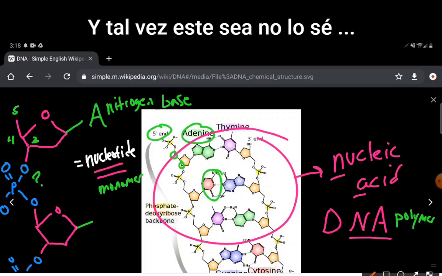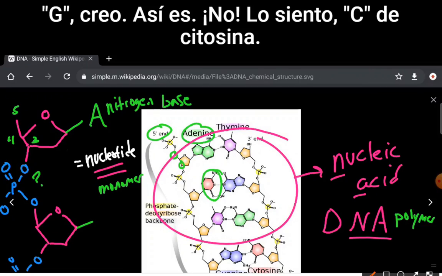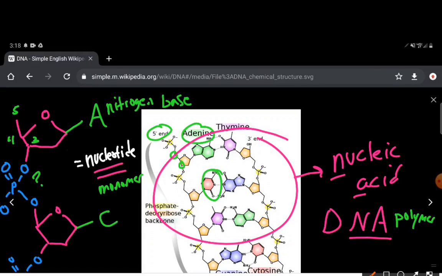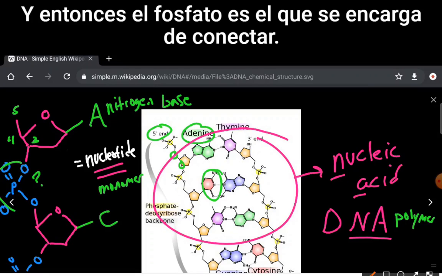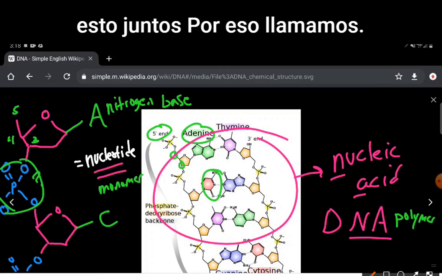And maybe this one is, I don't know, G? I think that's right. No, sorry. C for cytosine. And so the phosphate is what is responsible for connecting this together.